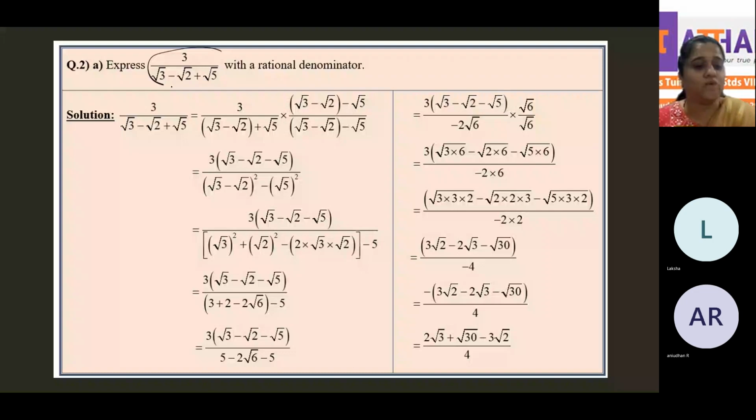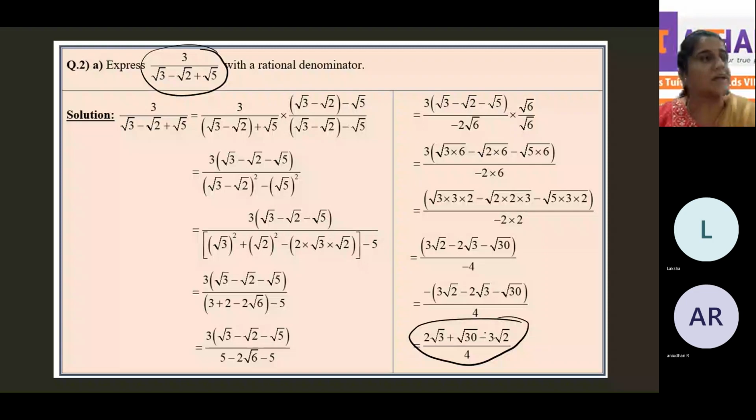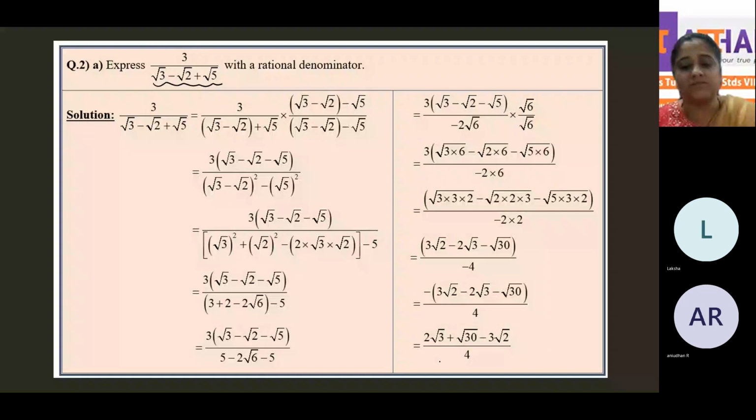The value of the expression in the question is the same as the value of the expression in the answer. Just that in the question, the expression has an irrational denominator. In the answer, the expression has a rational denominator. But the value is the same.